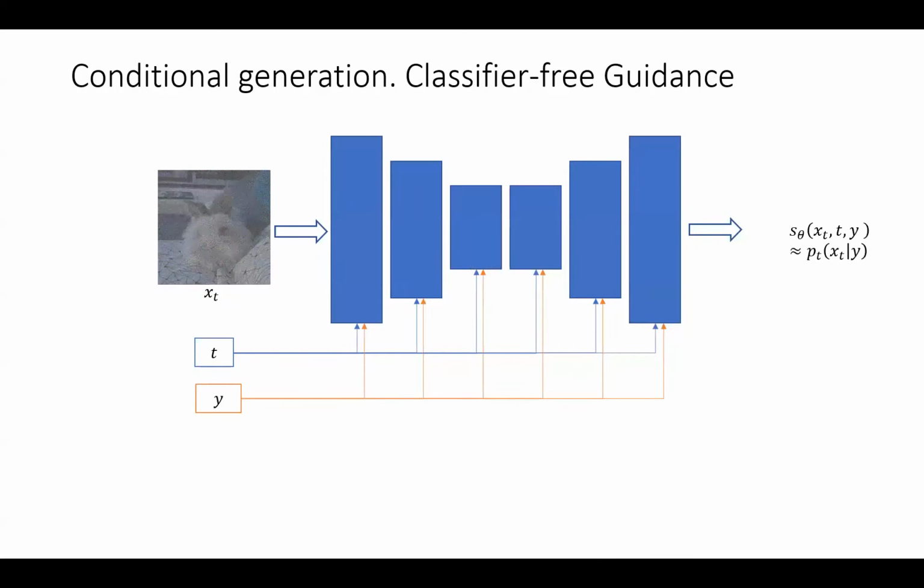So what's going to happen, we will have t and y, which is the condition, but sometimes we will have the condition null, which means y becomes all zeros. When the condition is null, it is this unconditional probability, which was this term I showed you here.